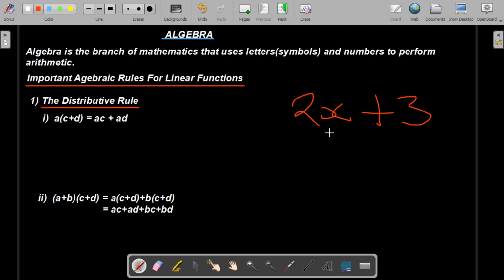This one is what we call a linear function. It has got this x, a variable, raised to the power 1. So if a variable is raised to the power 1, it is called a linear function.